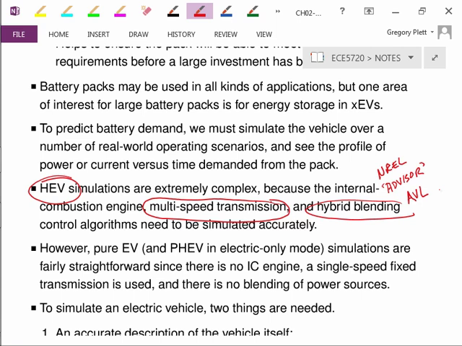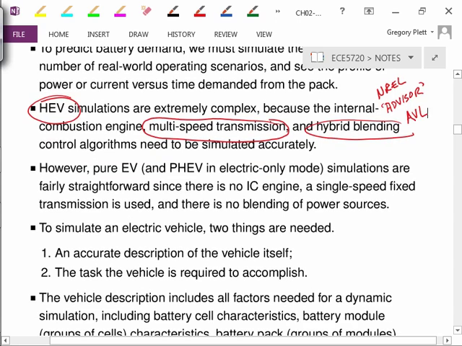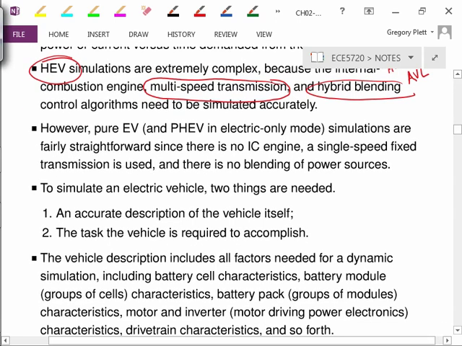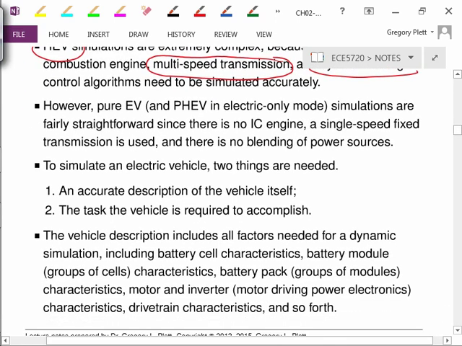To simulate an electric vehicle, then, we need two things. One of these is an accurate description of the vehicle, and there's some fairly detailed information that's required, and we'll talk about this in a minute.